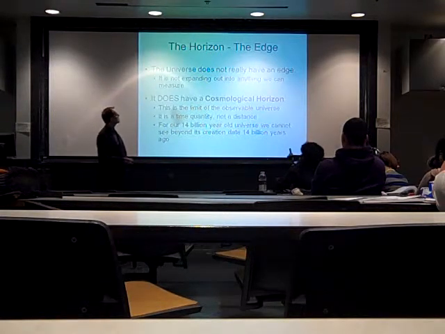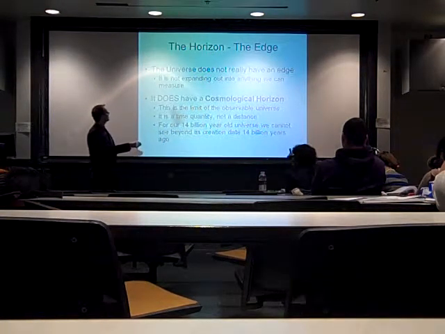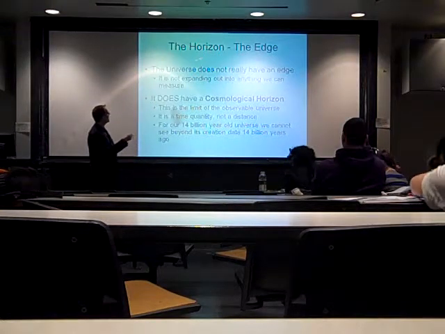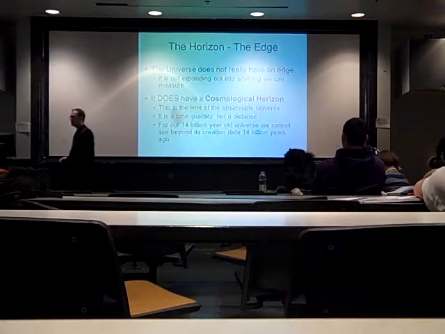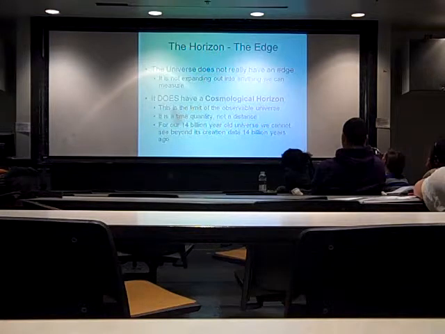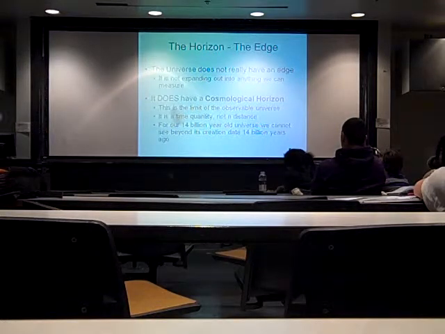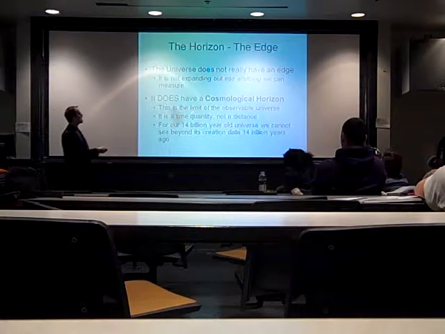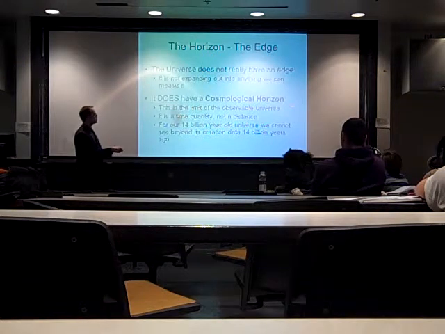Okay, so, as I've already said, the universe really does not have an edge. It's not really expanding out into anything we can measure, although there's some speculative stuff about that out there, but for the most part, that's how we feel about it. It does have what we call a cosmological horizon.